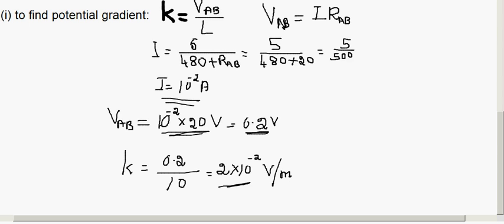Now next question is to determine the unknown EMF E. That can be easily found by the principle of potentiometer. We know the unknown EMF E will be given by, according to its principle, because we know the balancing length, so we can easily find that.